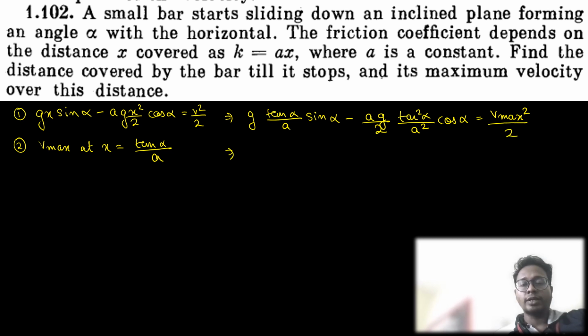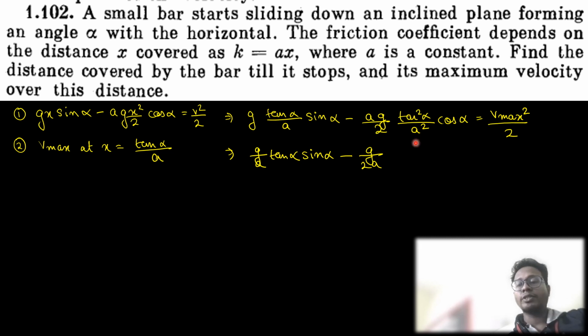If I solve this one, g by a tan alpha sin alpha minus g by 2a. See, here tan square alpha into cos alpha is nothing but tan alpha and sin alpha. Tan square alpha is sin square alpha by cos square alpha. Cos alpha and cos square alpha get cut, so it's sin square alpha by cos alpha.